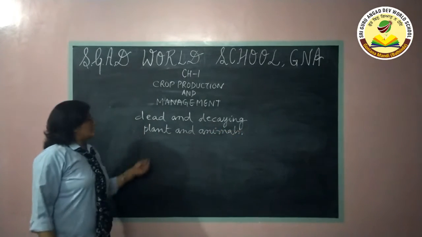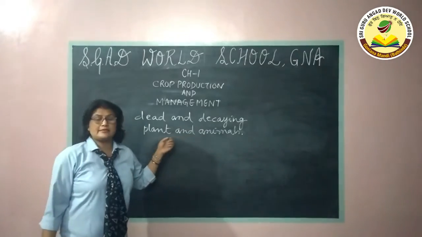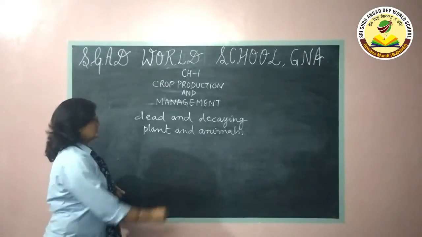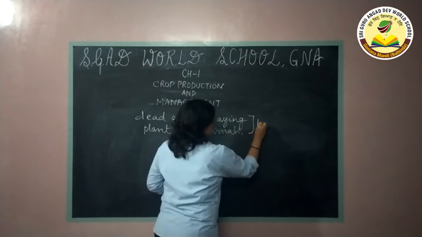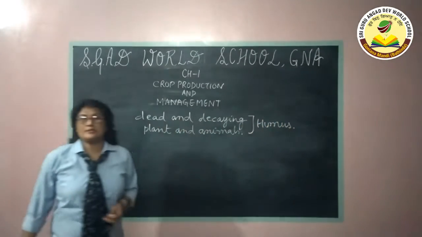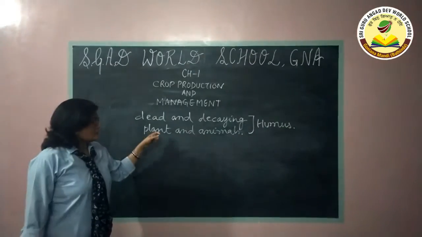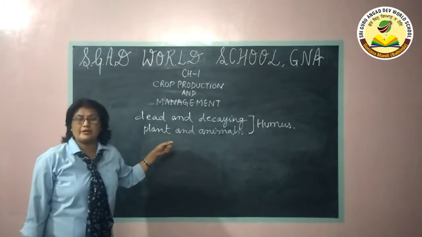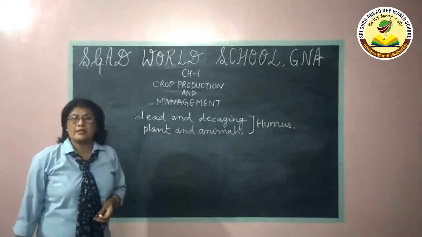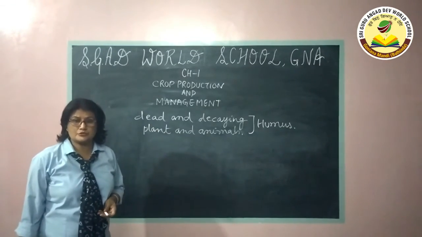These are known as organic matter and they make a fertile surface layer of soil that is known as humus. Humus also makes the soil very fertile. For this, we do the plowing and tilling of the soil.